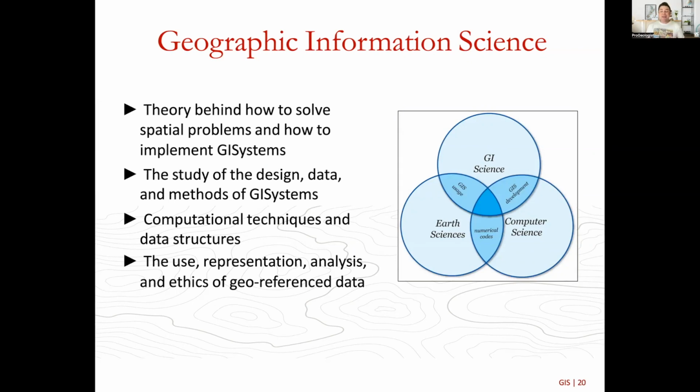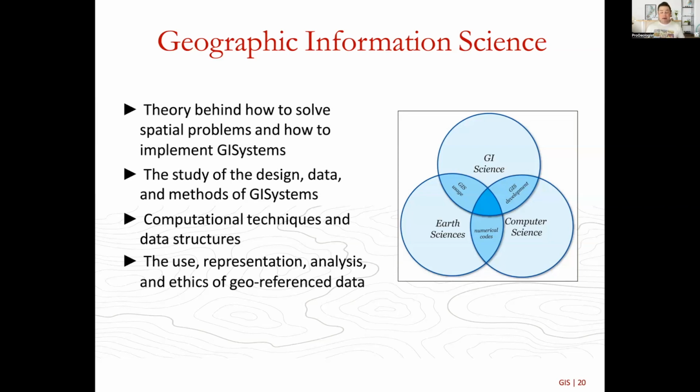GIScience, if you will, is the study design of the data and the methodologies that go into that system. So from the previous slide, if you think about how we got the vegetation data, that may have been a remote sensing exercise. Such exercises fall into the realm of geographic information science, or again, GIScience. At the same time, you may use computational techniques and data structures.